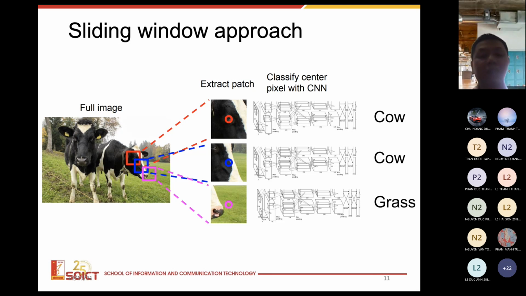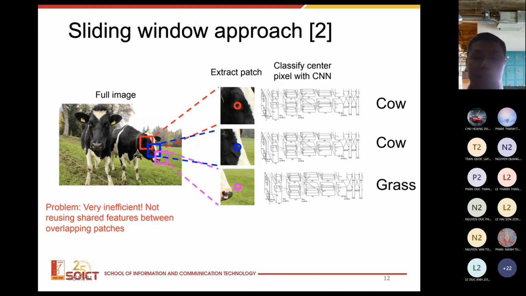For example, to classify the pixel in the center here, you analyze the surroundings of the pixel to form a window, and then you put this window into the CNN, and have the network output the classification of that window, right? So to classify every pixel, you have to slide the window from left to right and from top to bottom, right?